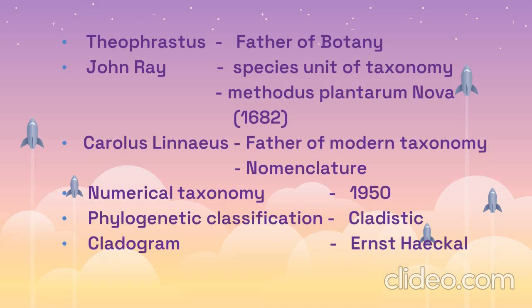Then the phylogenetic classification is given by the person called Cladistics. Phylogenetic classification means that as per the origin of the species, the organisms must be classified. What do you mean by origin?